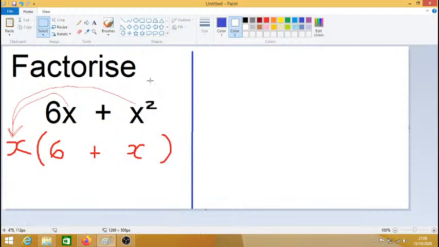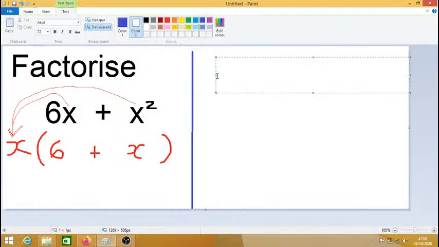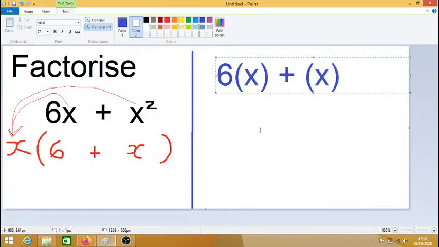So I'm going to take pretty much the same question, 6x plus x squared, but what I'm going to do is put brackets around the x.